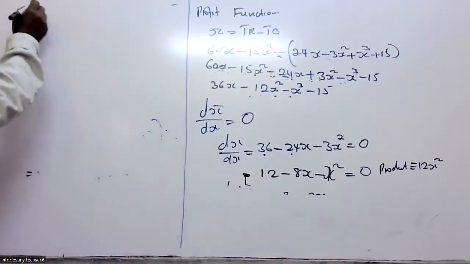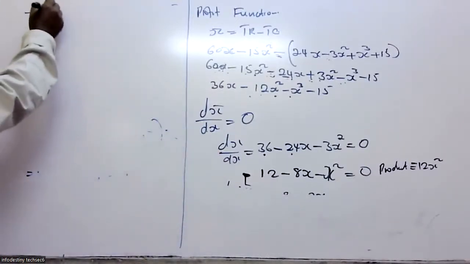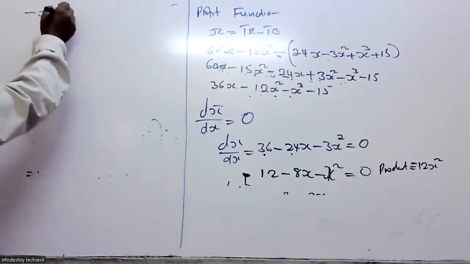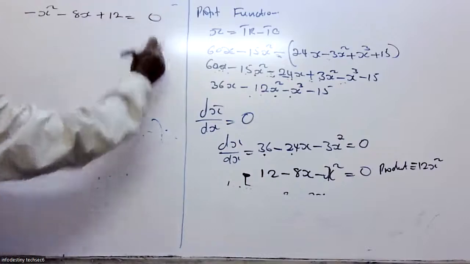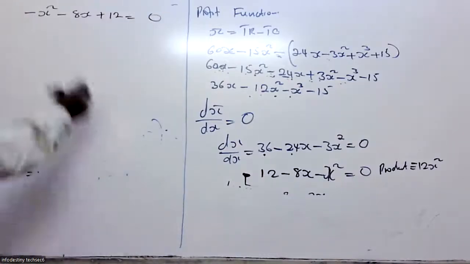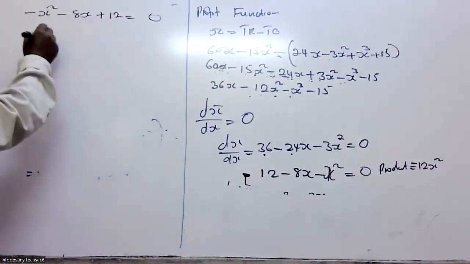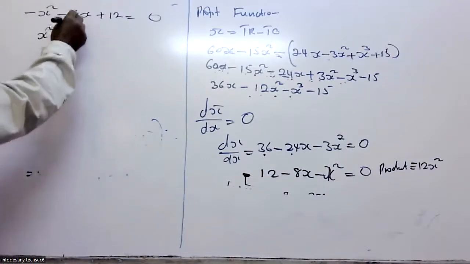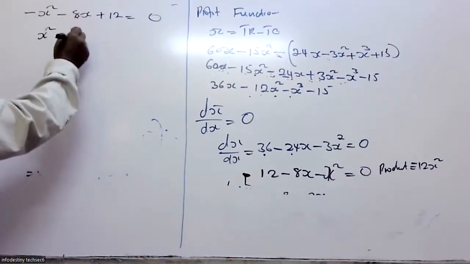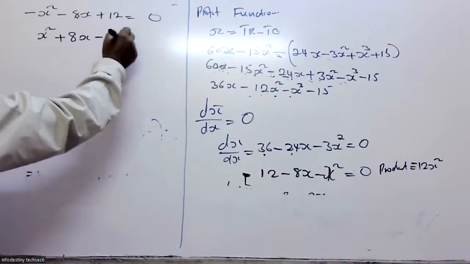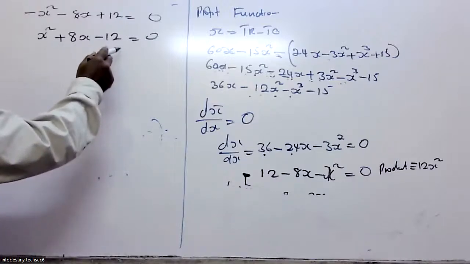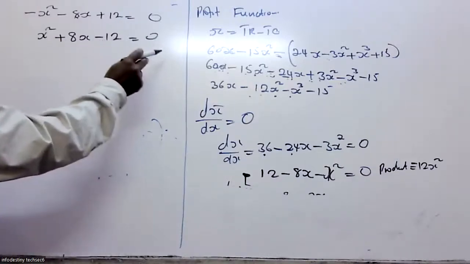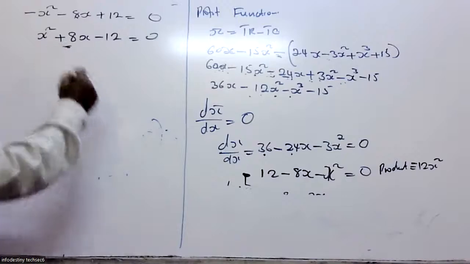Let's start with x, when it's going to be minus x squared minus 8x plus 12 equals 0. We divide everything by minus, we have x squared plus 8x minus 12 equals 0. We are together. But we need this one now to be a positive.